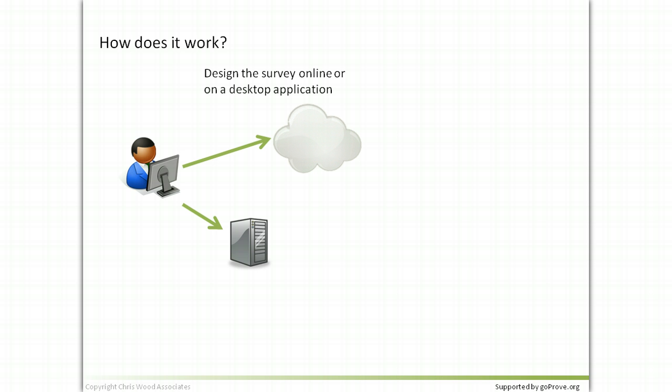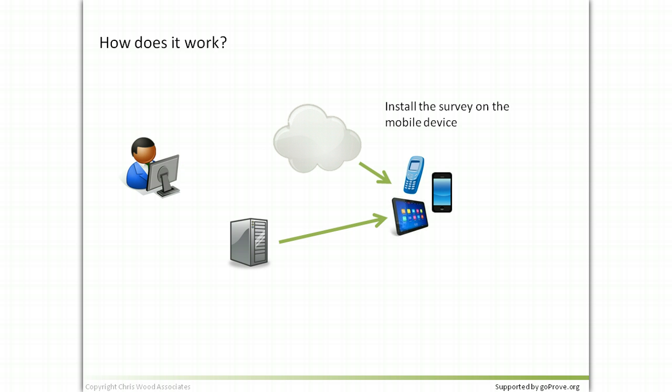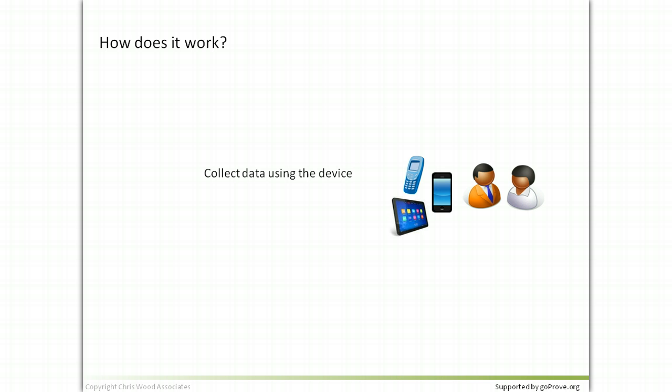So how does mobile data collection work? Initially, you would use an application on your desktop or even online and design the survey and the questions that you need answers for. You will then install the survey on a mobile device, be it a basic mobile phone, a smartphone, or even a tablet computer. These devices are then taken into the field and data is collected.